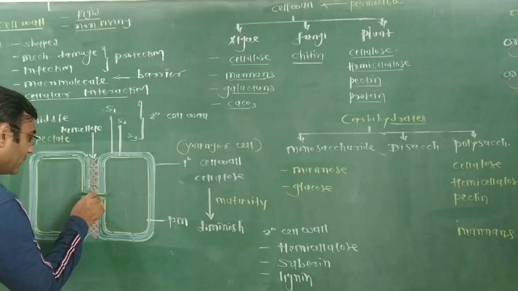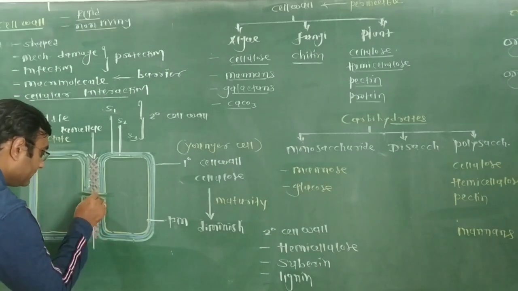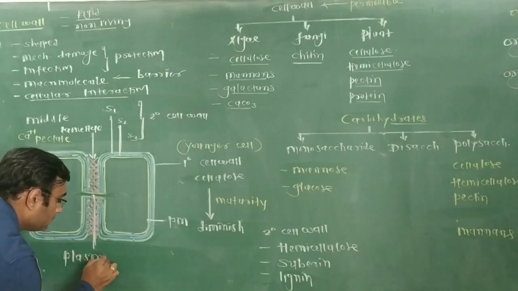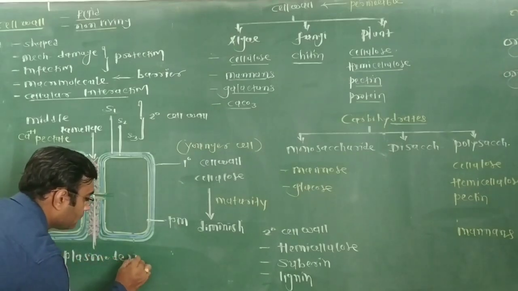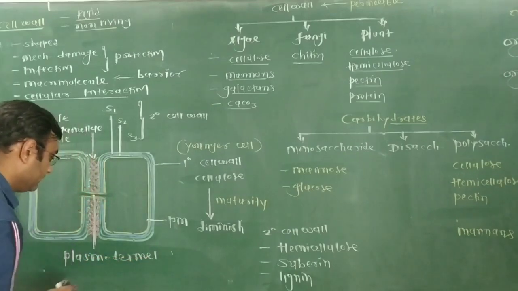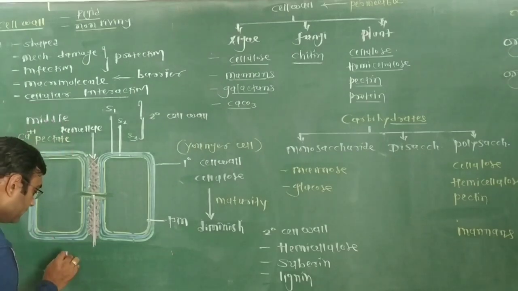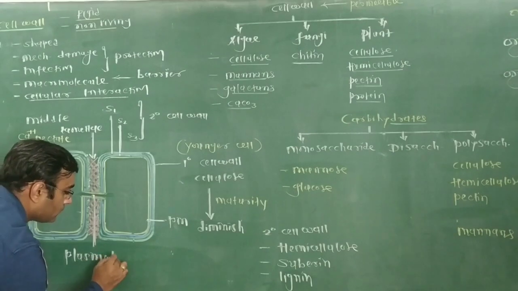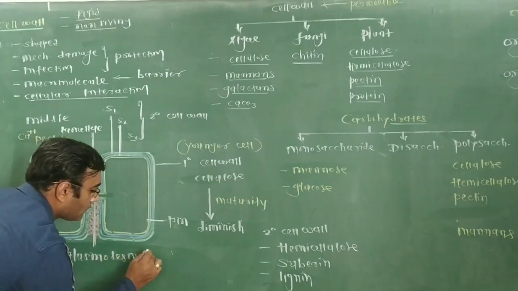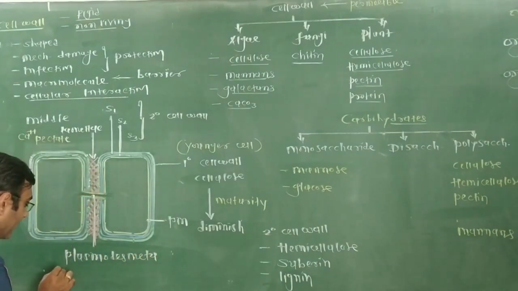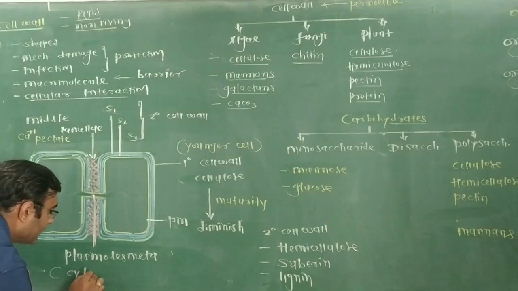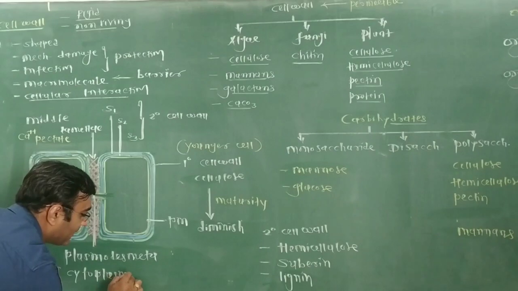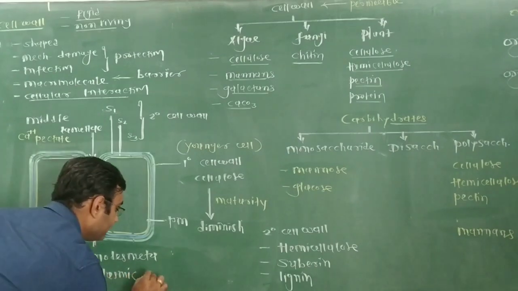This is plasmodesmata, and we can also call it a cytoplasmic strand.